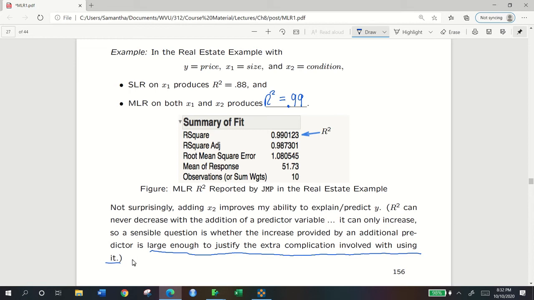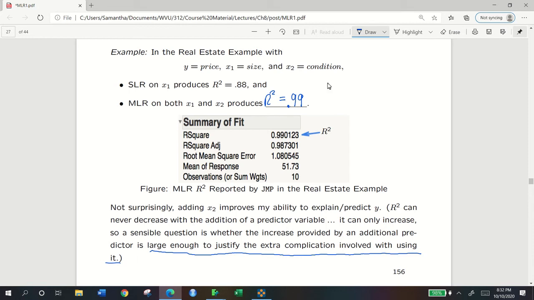But the point is, that really isn't going to help improve the model. It just exists. With the way that R squared is calculated, anytime you add any sort of predictor in, it's going to increase the R squared value. The question is, did it increase it enough?